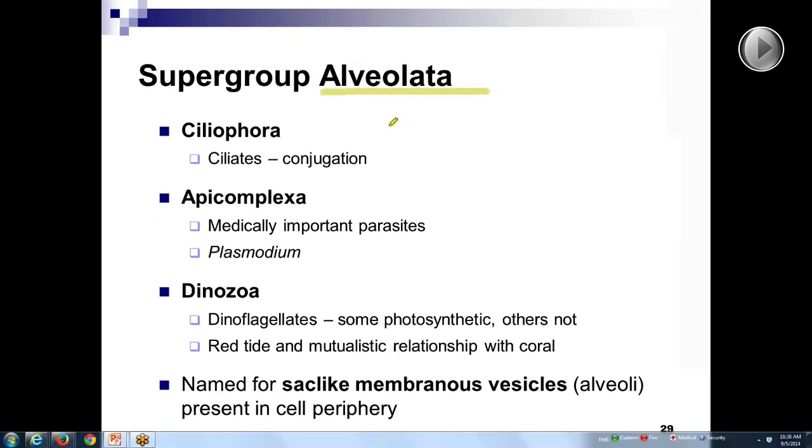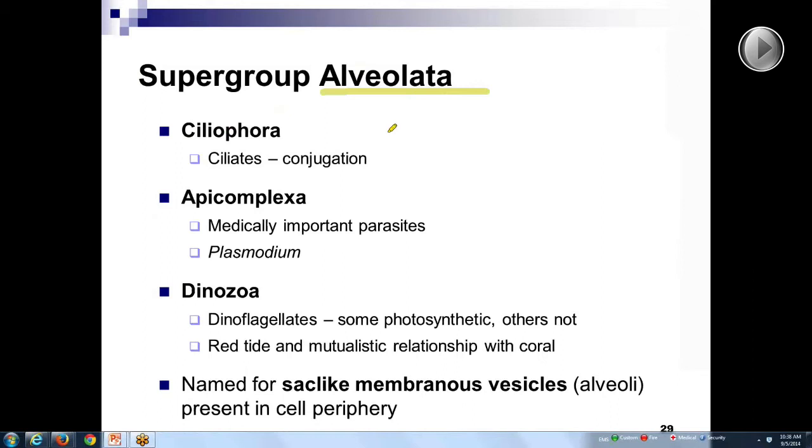Alveolata, all right, this group is highly varied, but the thing that the alveolata have in common, and probably the most distinguishing thing, are these vesicles, if you will, where we have alveoli, almost like little containers.